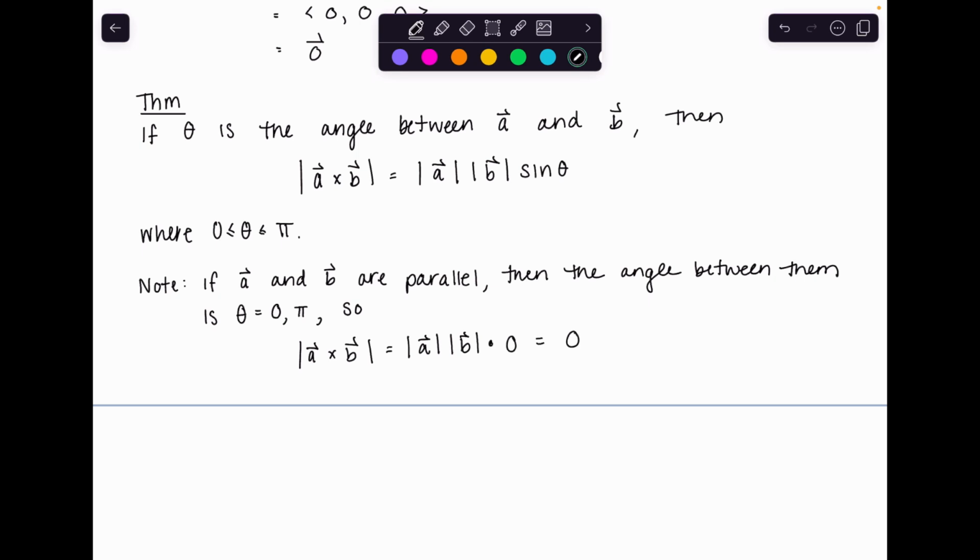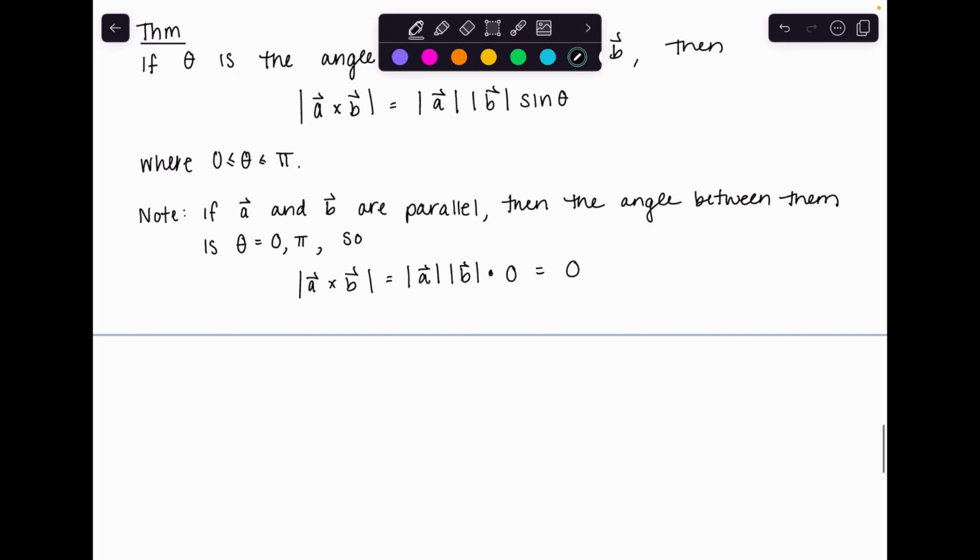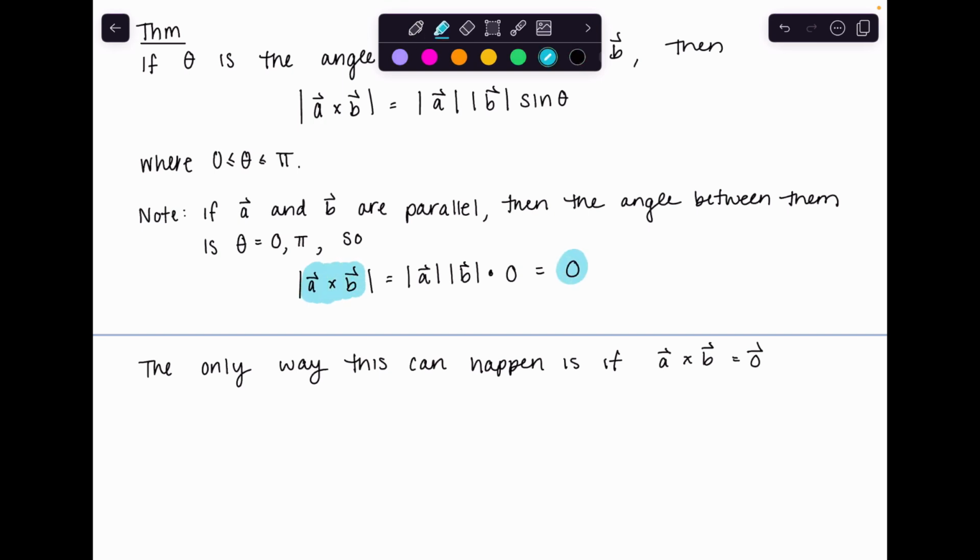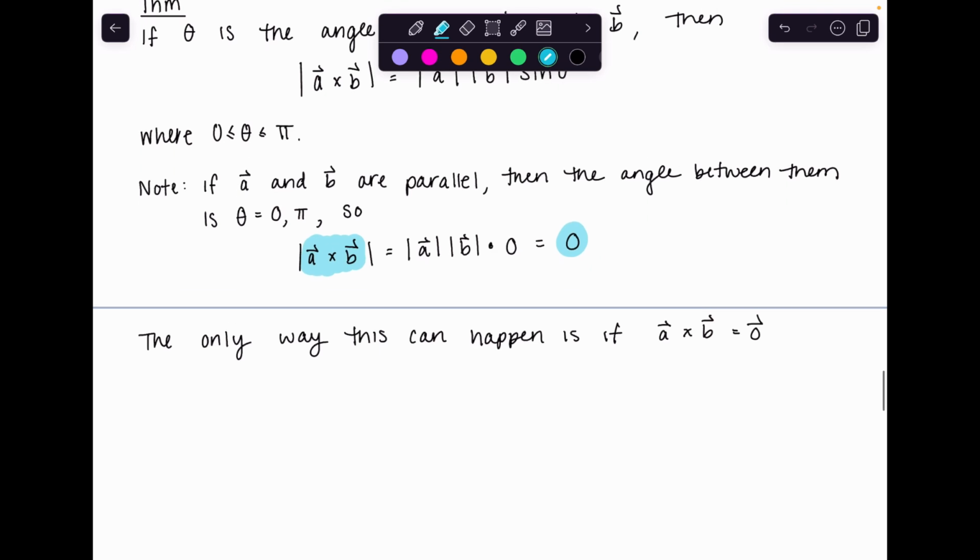And so the result will be 0. So the only way this can happen is if the cross product of these two vectors is the 0 vector, because you're saying the length of this vector is 0. It has to be the 0 vector. Okay.